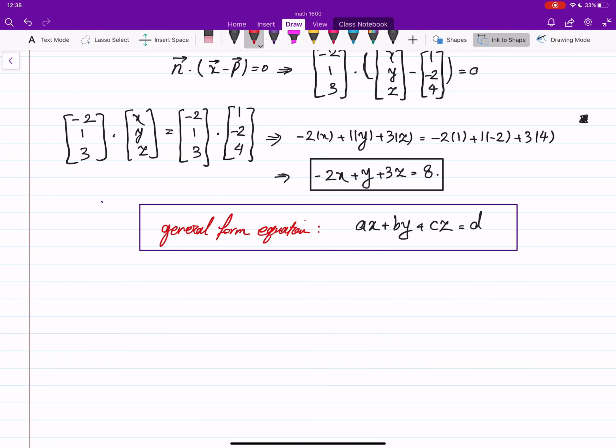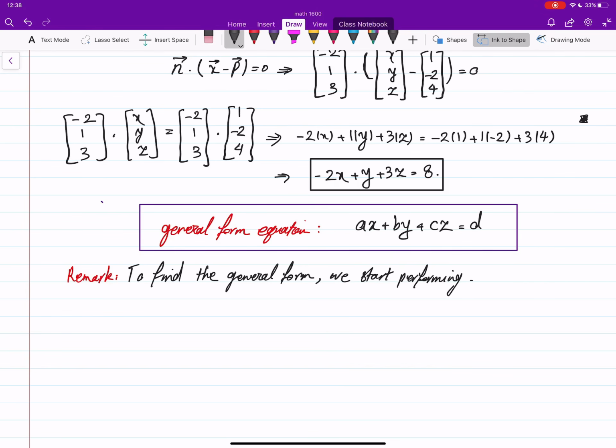The remark is that to find the general form, we start by performing the dot product n dot x equals n dot p. So we do that one, and then we get whatever you find.